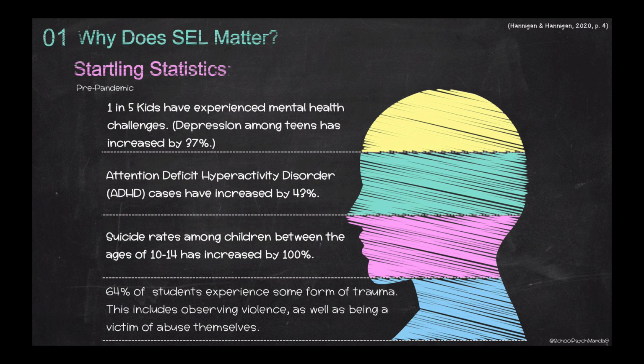The book does a really great job of talking about the statistics, and I think it's important that we recognize how prevalent some mental health diagnoses really are for our young learners, our students. The book talks about startling statistics pre-pandemic and post-pandemic. Already pre-pandemic, before COVID-19 and the global impact of that, we had students that were really struggling. 1 in 5 children were experiencing some form of mental health challenge.